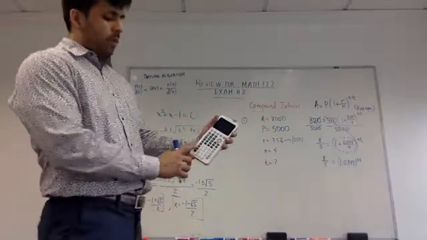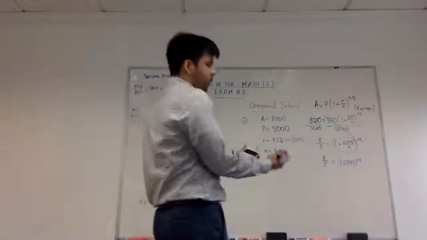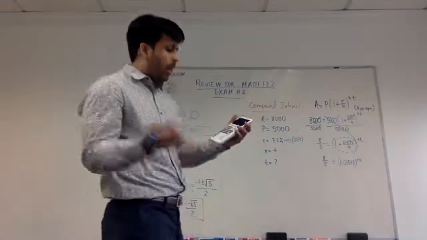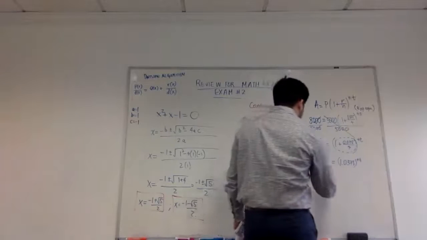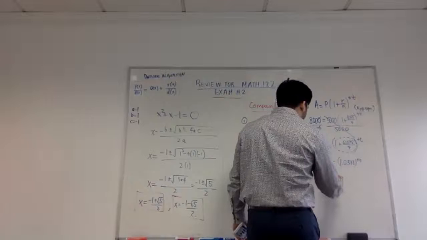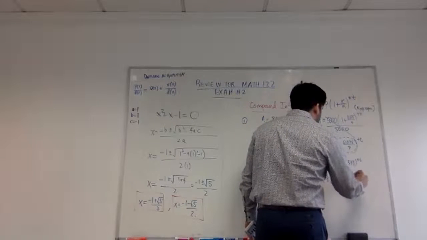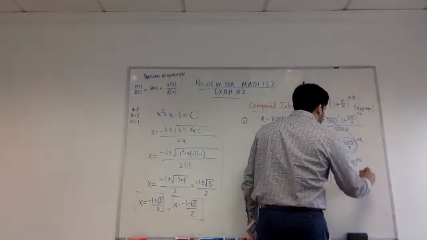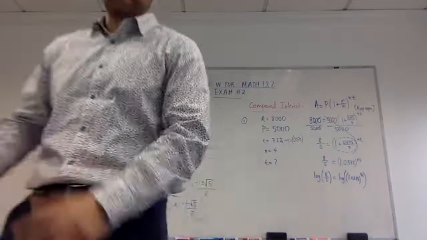But since we have the common log and the natural log on the calculator, we should use one of these two. So let's use common base log. This will be log of 8 over 5 equals log of 1.01875 raised to the 4t, and all of that is inside of log. So all I did was take log on both sides.